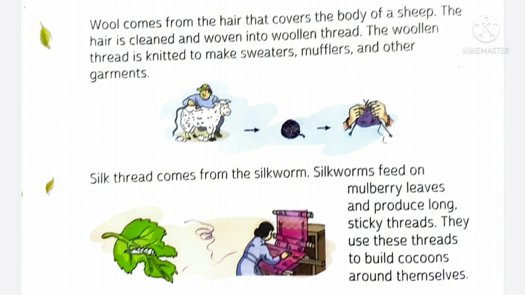Silk is a little bit shiny, children. It is very attractive to look at. People wear silk clothes on some special occasions. Some materials to make clothes are made in factories. We will discuss them in our next class. So, children, keep this in your mind. These are the common materials which are used for making clothes.